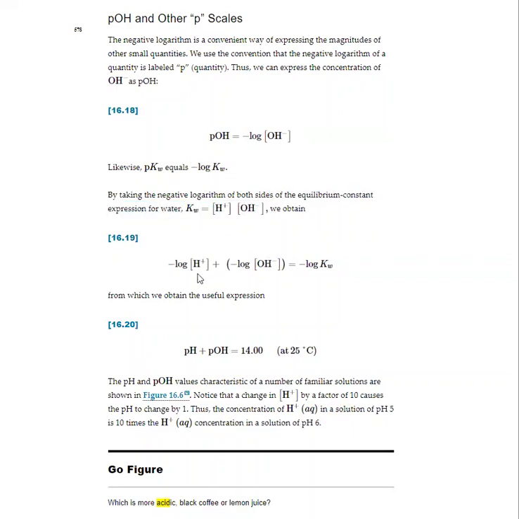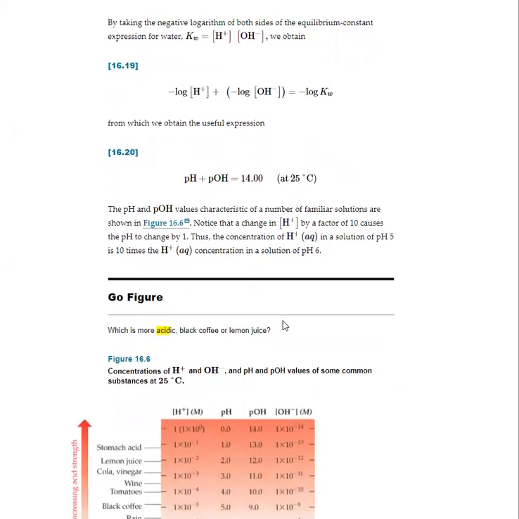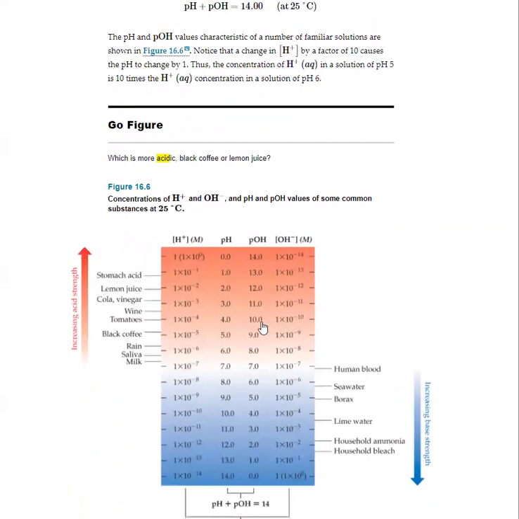So then it can be restated as pH plus pOH equals pKw, but pKw equals 14, so that's how you get to this equation. pH plus pOH equals 14. Just in case you were wondering how to derive that.